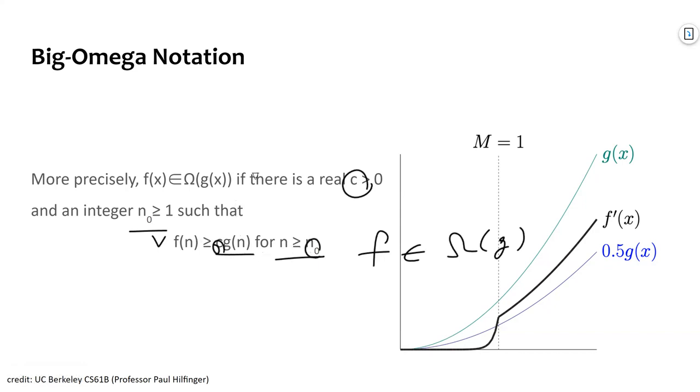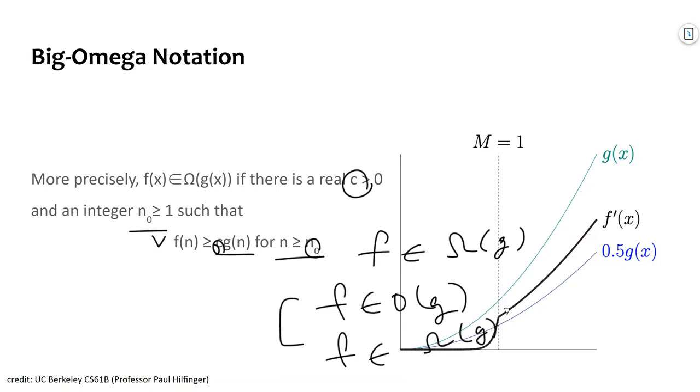And as you saw in these two examples, the same g can be a big O of f as well as the big omega of f. This is possible, okay? You just need to be able to find this constant c and this integer n0.